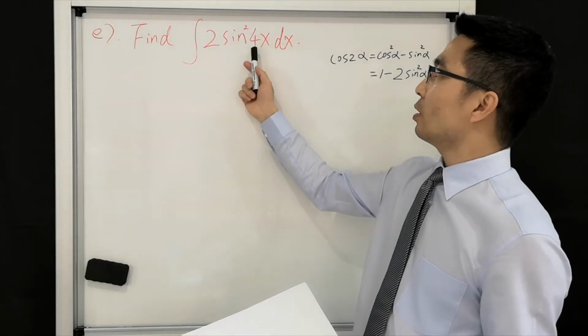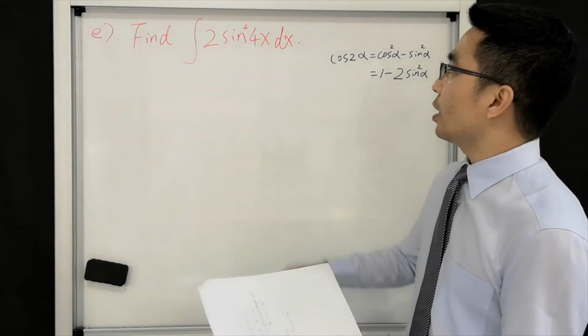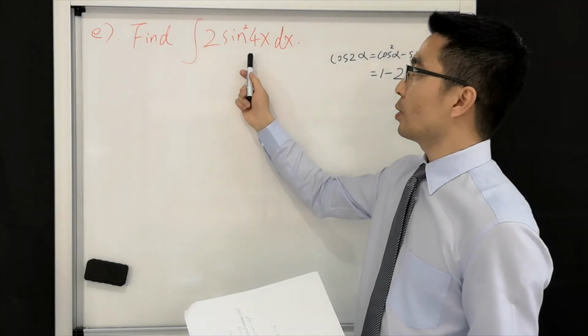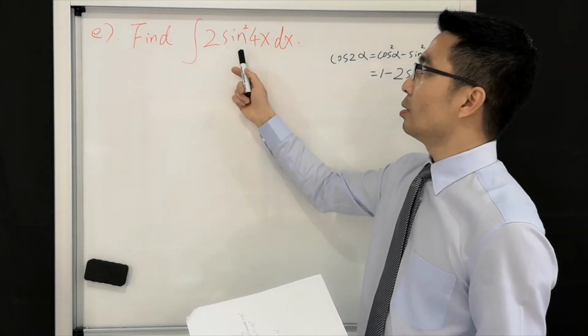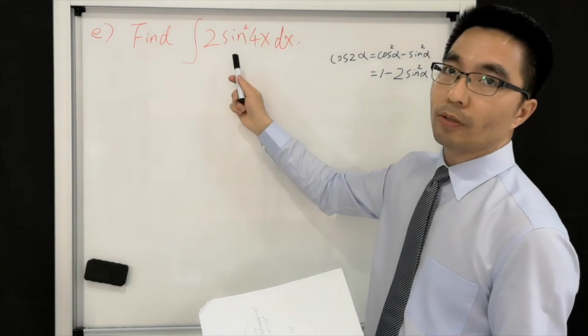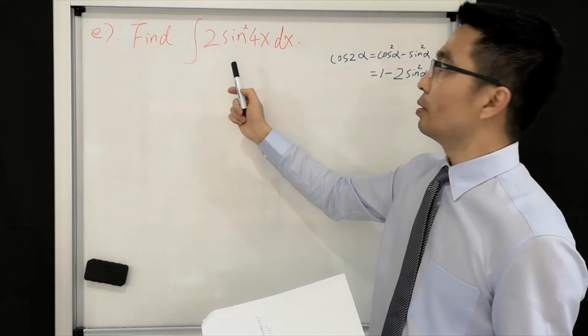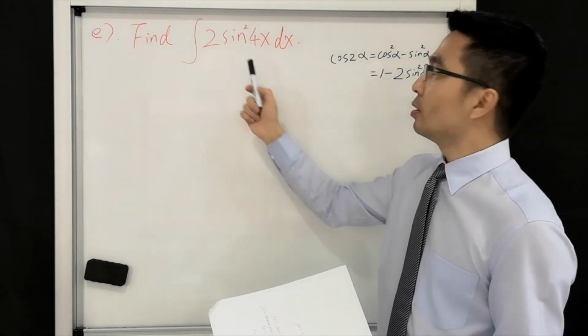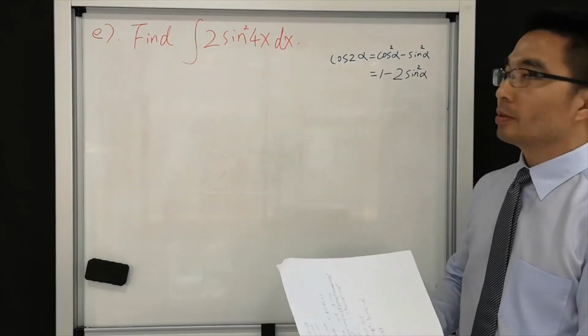2 sine square of 2x. We can't do that integration directly for the sine square, because that would involve a chain rule inside. So the best way is to try to reduce the power based on this equation.